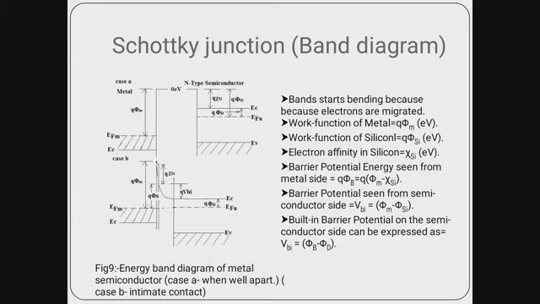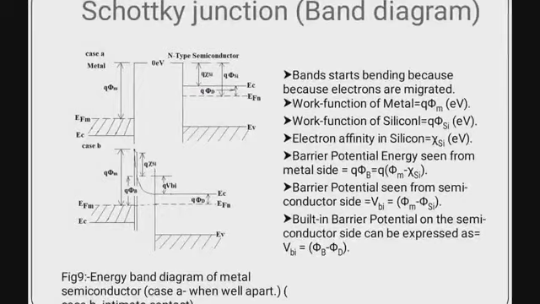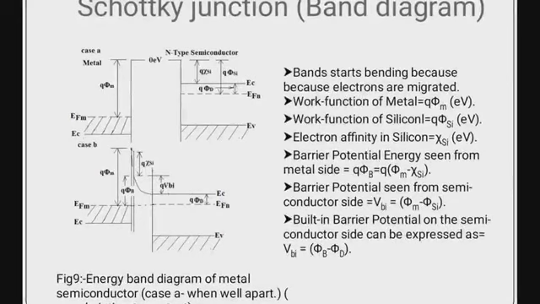Now I am describing the Schottky junction using an energy band diagram. Here in case A, this is the metal and this one is the N-type semiconductor before contact. There are some parameters I have given over here.